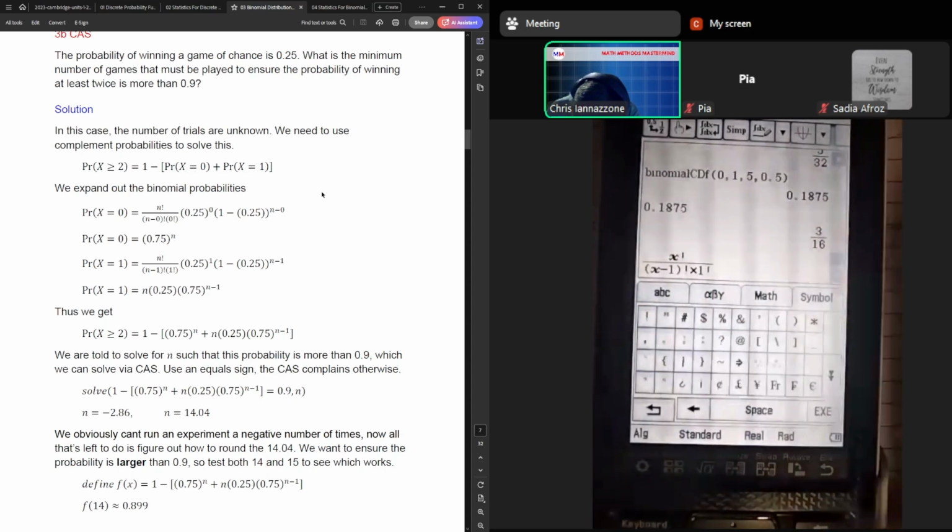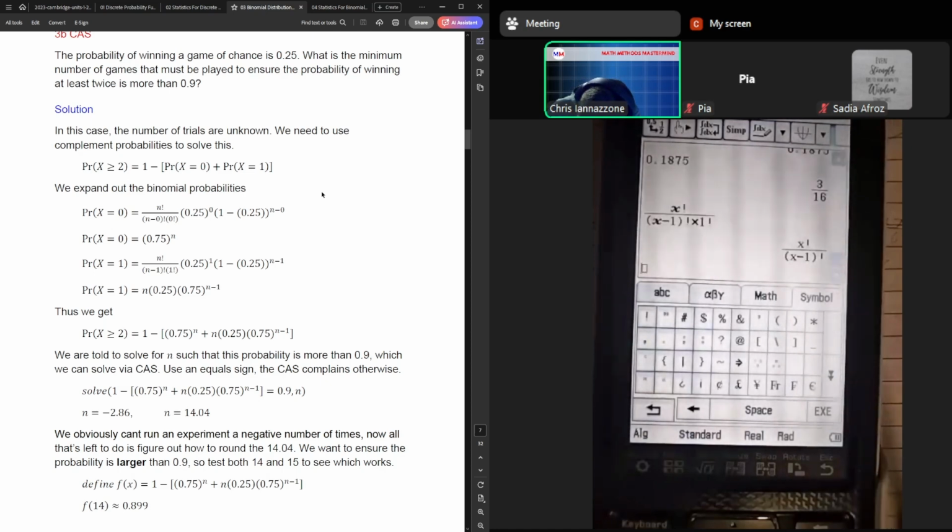This better actually be a factorial, not just an exclamation mark. I don't know if that's because it was an exclamation mark or if it just can't simplify it. I'm going to assume it can't simplify it.